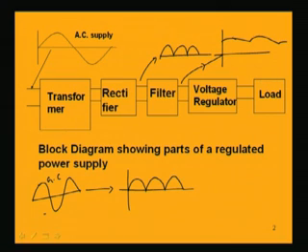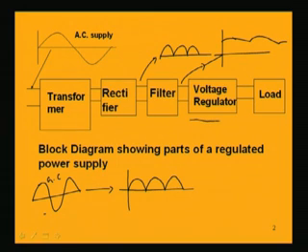Now, if the load varies, that means if we have the variation in the load current due to variation in the resistances etc. in the output device, because of this change in the load current, this output voltage will also be varying. Now, we have to maintain this output voltage because this load does not want the voltage to be fluctuating.